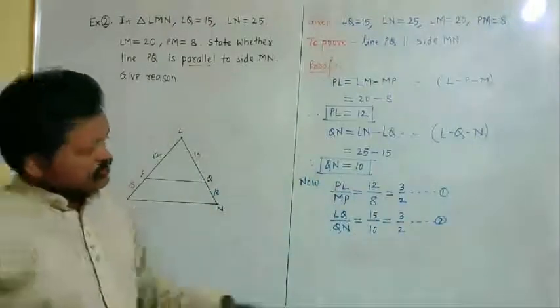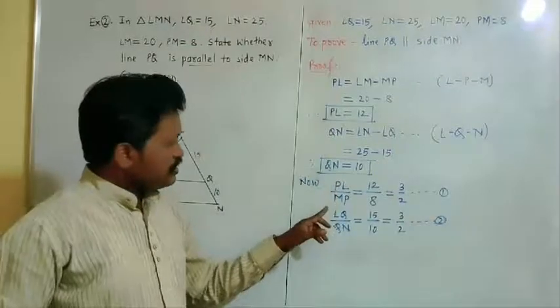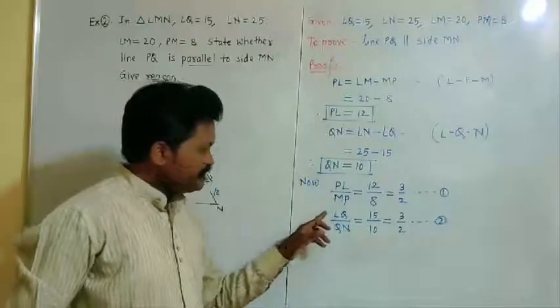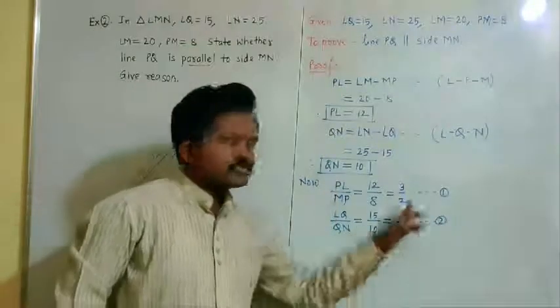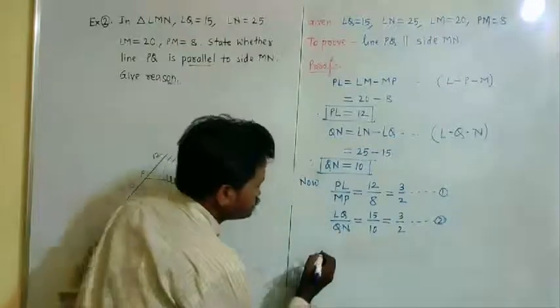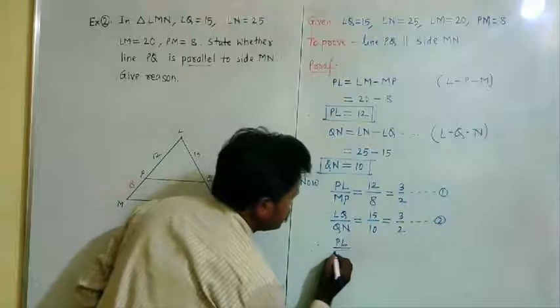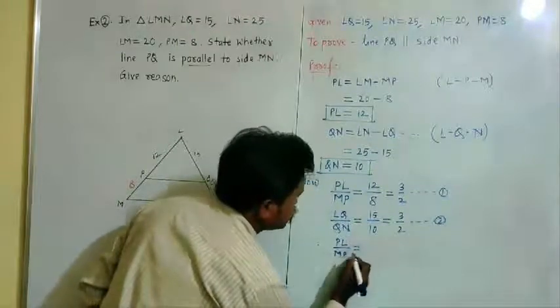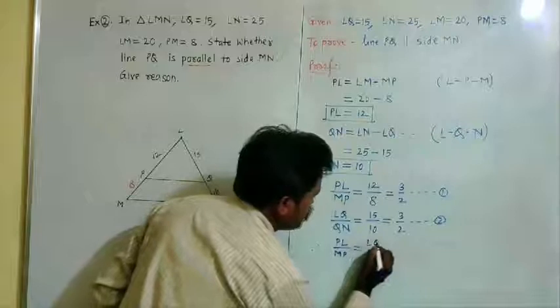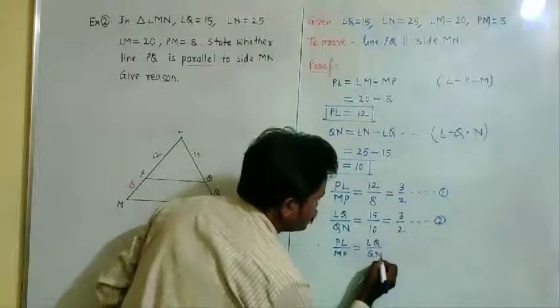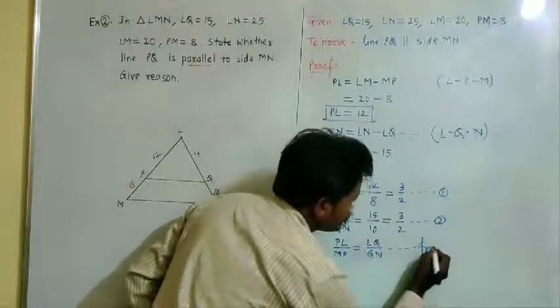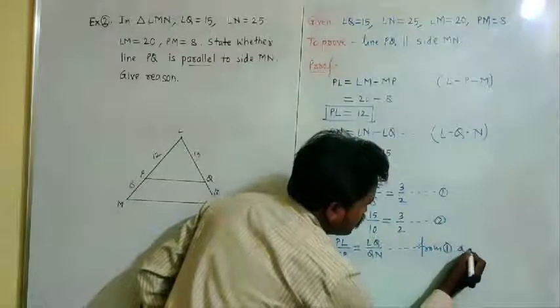Now look here, from 1 and 2, PL upon MP and LQ upon QN, both values are the same. So therefore PL upon MP is equal to LQ upon QN, from 1 and 2.